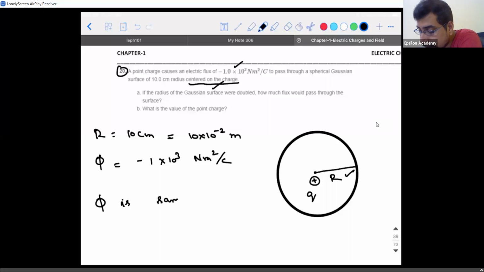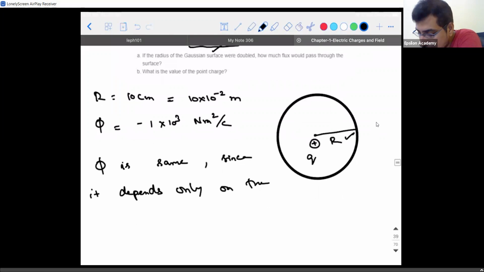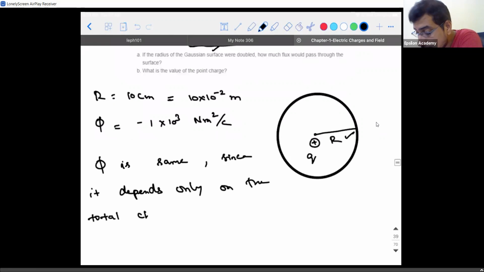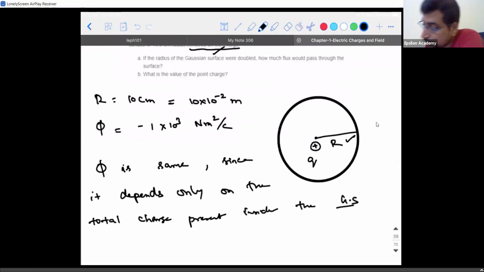And what is the reason for it? It depends only on the net charge, the total charge present inside the Gaussian surface.